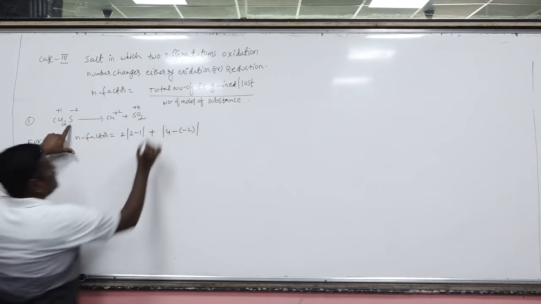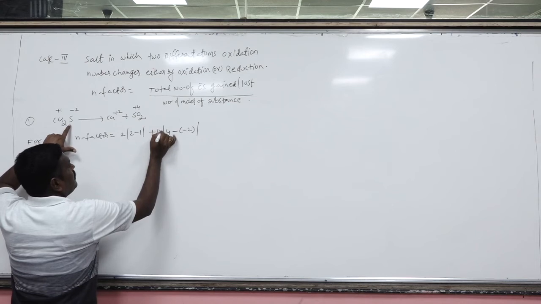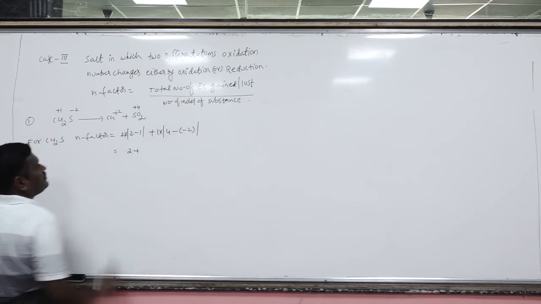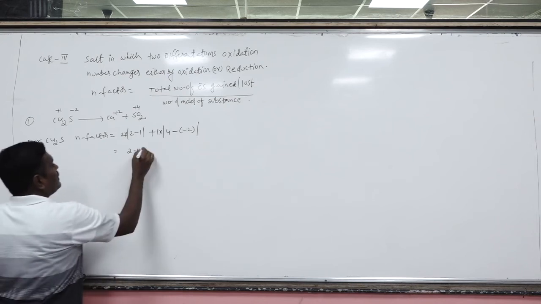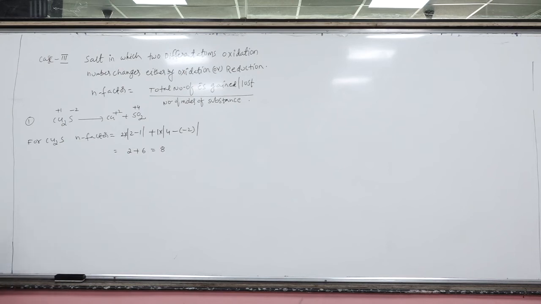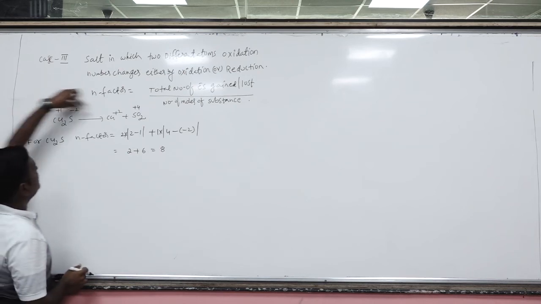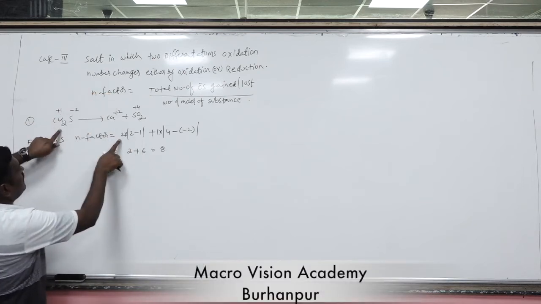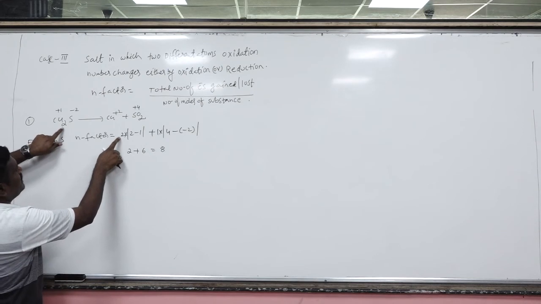Only 1 sulfur atom. This will be 2, this will be 6. So total N factor is 8. Are you getting my point? Once again, copper +1 changes into +2. The change is RHS minus LHS into the number of such atoms. The atomicity of copper is 2 here.